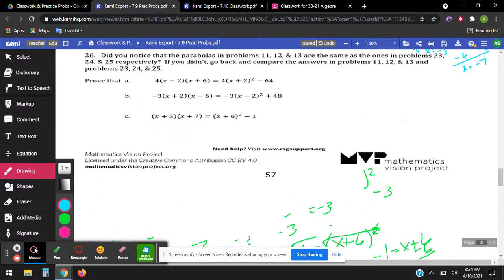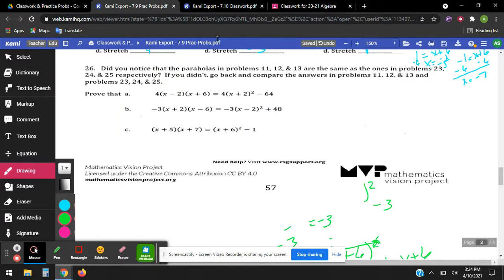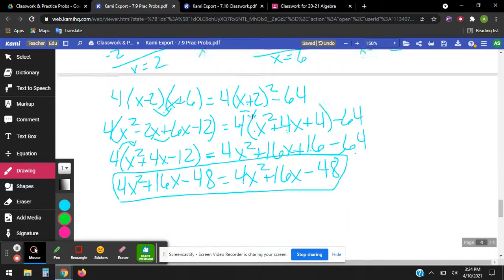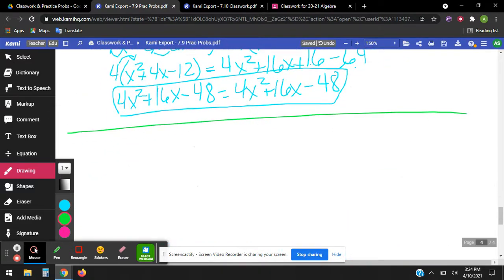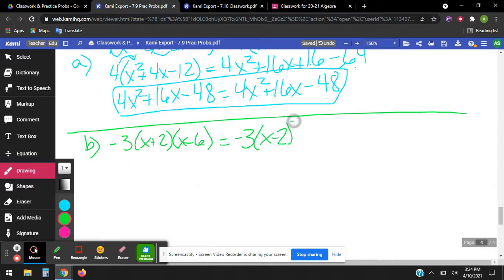Okay, so the next one then is B right here. We're going to go down below and do that one. So this one's B. This one up here was A. Okay, so B is negative 3(x plus 2)(x minus 6), and that one is equal to negative 3(x minus 2) squared plus 48.